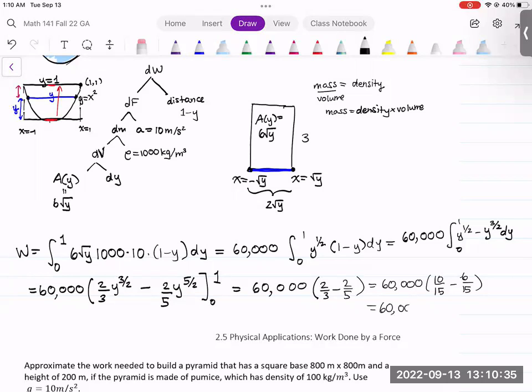So 60,000 times 4/15. 60 divided by 15 is 4, so this is 4,000 times 4, or 16. So 16,000 joules are required. And we can write this as 16 kilojoules. Great.